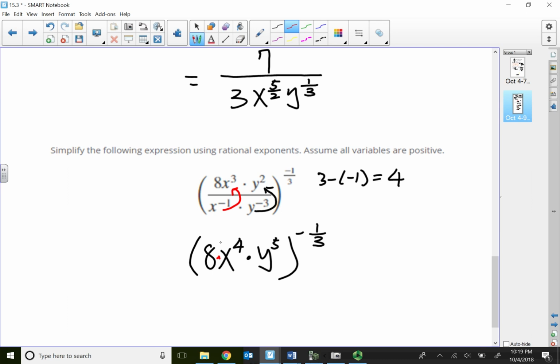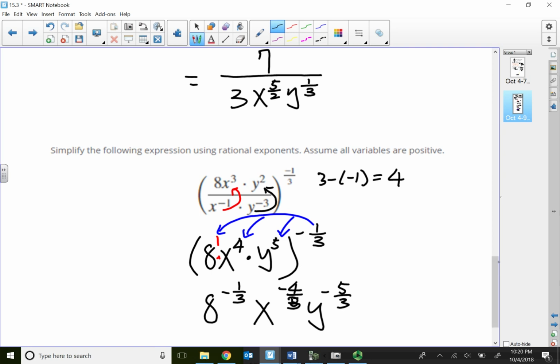The exponent on top of 8 is 1, don't forget. So my outer exponent negative 1/3 will multiply all the exponents on the inside. So they all come out to be 8 to the negative 1/3 power, x to the negative 4/3 power, and y to the negative 5/3 power.